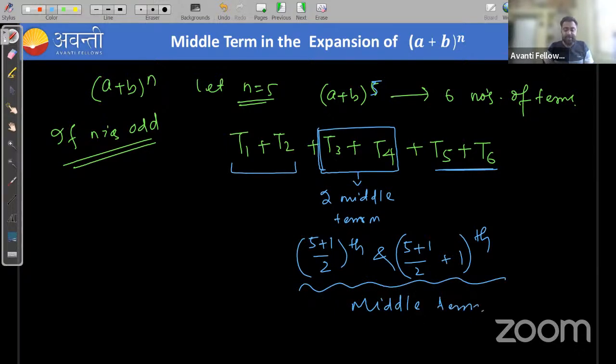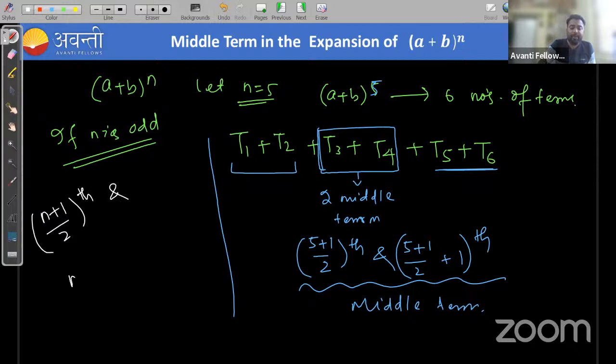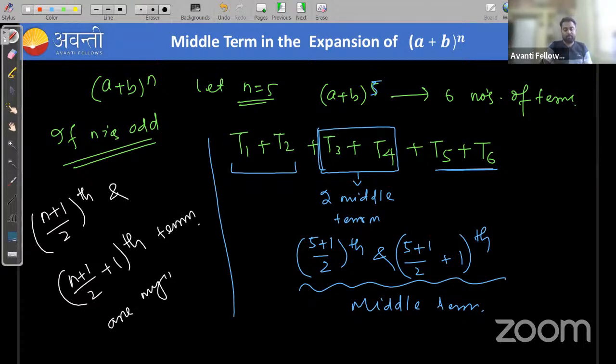We can represent them as the (n + 1)/2 th term and the (n + 1)/2 + 1 th term. These are my middle terms when n is odd. Clear, guys?